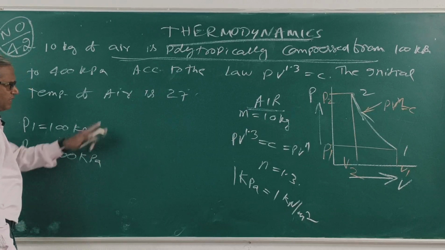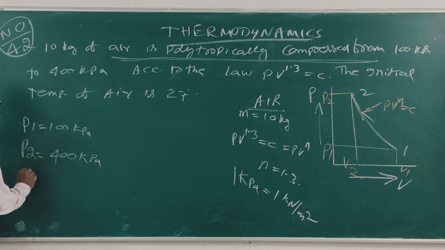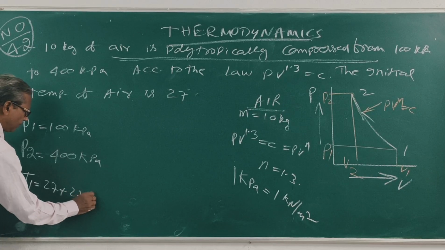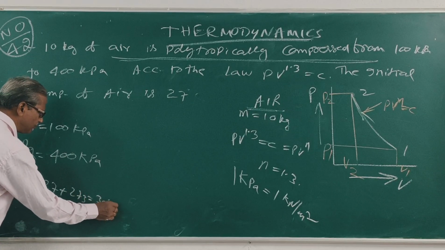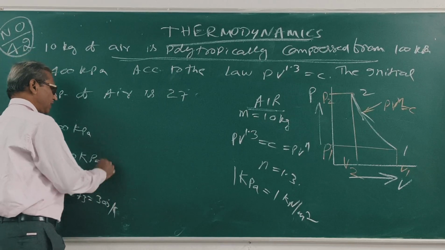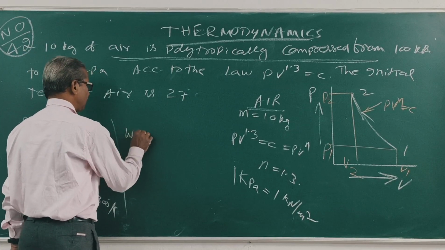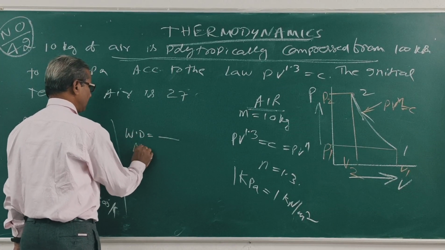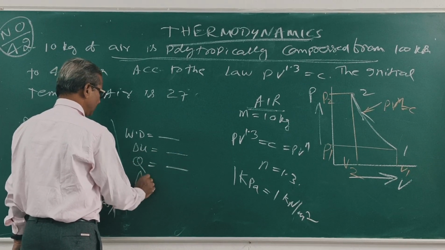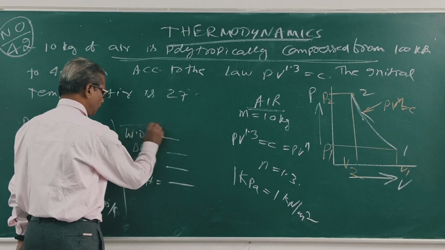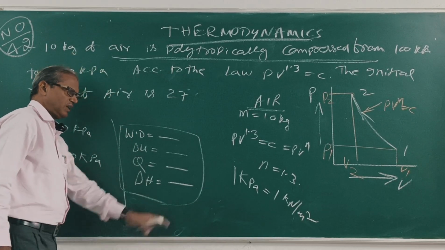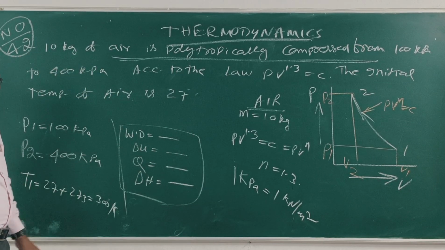At temperature 27 degree centigrade, T1 is 27 plus 273, 300 Kelvin. Right? Find work done, change in internal energy, heat transfer, change in enthalpy. These 4 quantities are required to find out.